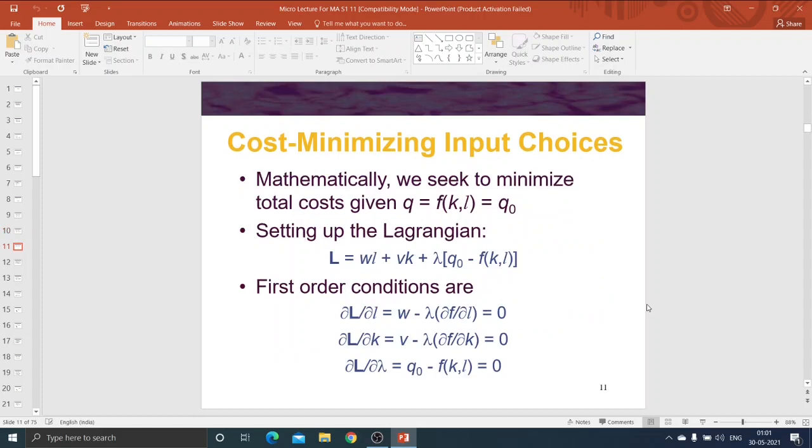Mathematically, the firm seeks to minimize total cost given Q equal to F of K, L, which is equal to Q0, by setting up the Lagrangian.